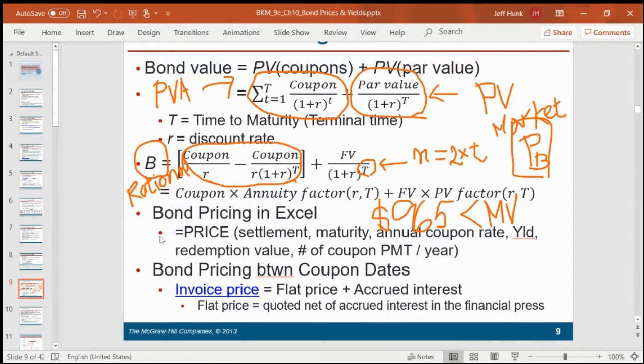Let's say the coupon was paid 2 months ago. So the next time the coupon will be paid will be 4 months later.